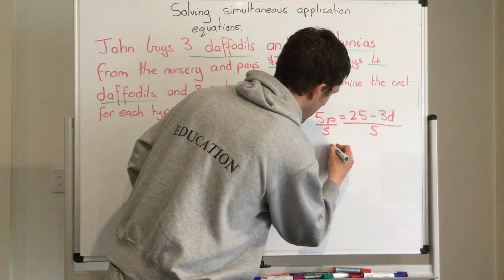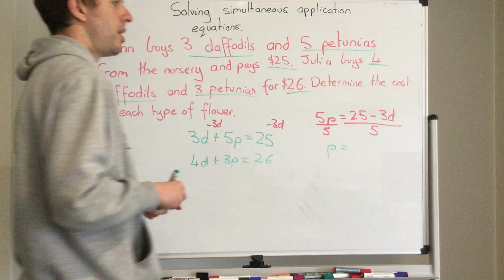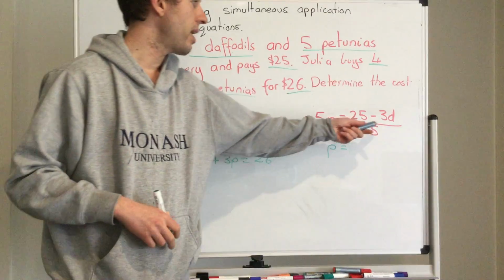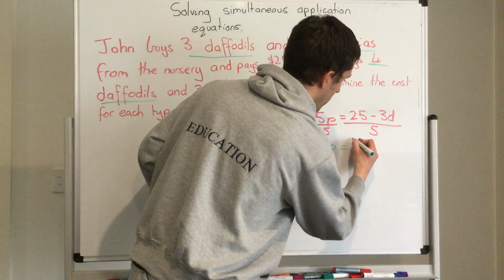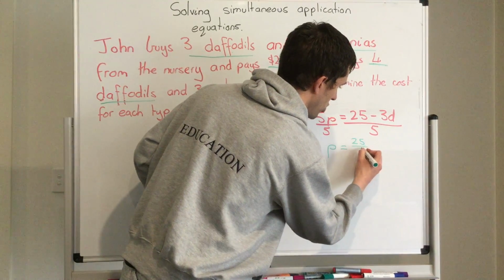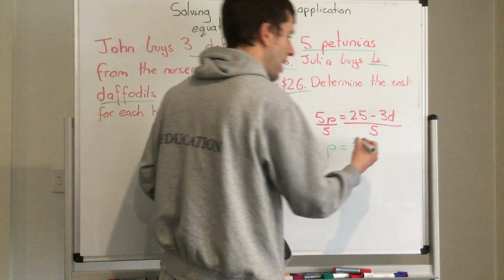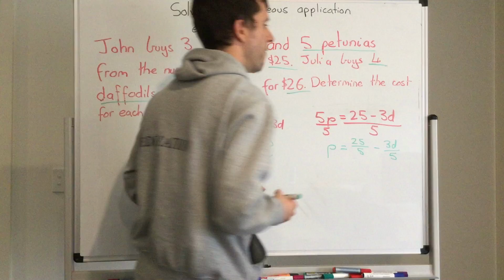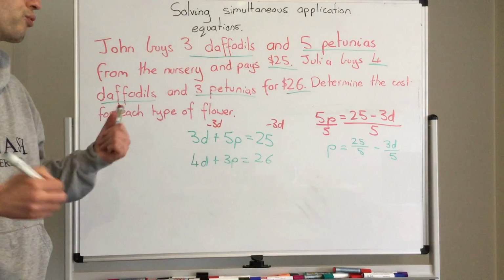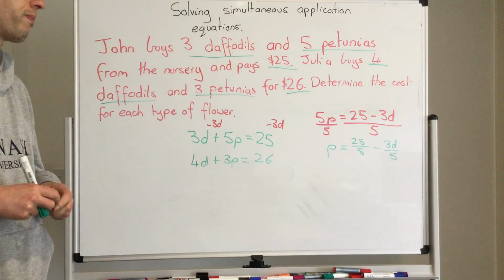So I've just got P. Just remember, when we're dividing both sides by 5, I can change it slightly. I can make it into 2 fractions, 25 divided by 5, and take 3D divided by 5. So I can break it down like that.